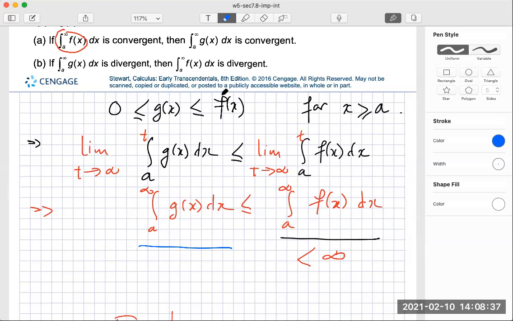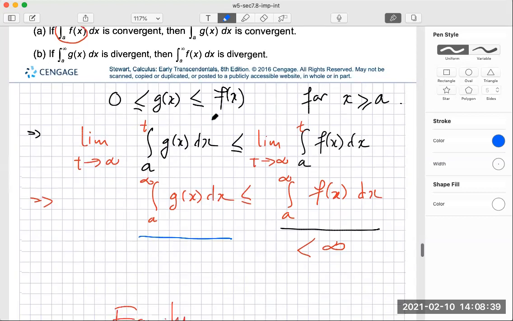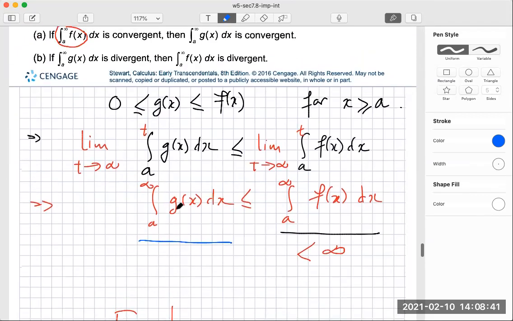But here, if we're given that the integral of g of x dx is convergent, can we say anything about the right-hand side here? No, we cannot say anything, right? It's bigger.